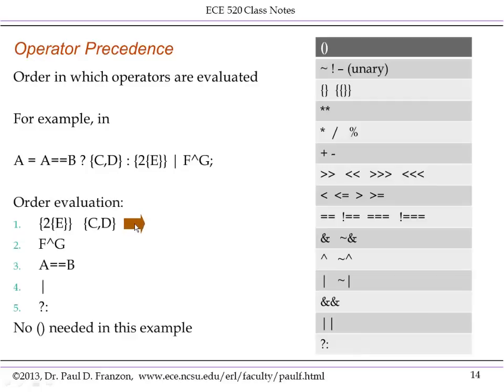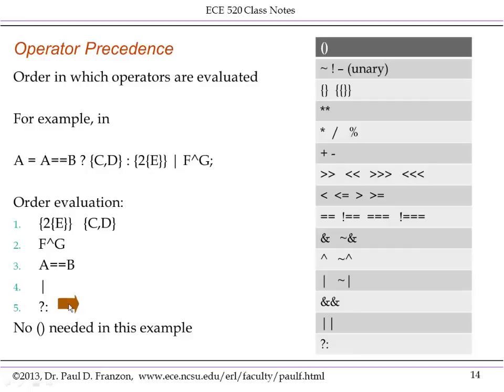We first do the curly brackets operations, concatenation, replication, then the XOR, then the equality. Actually, I apologize, these are in reverse order. That doesn't actually change the result. The equality will be done before the XOR. And finally, question mark colon, which makes the most sense here.